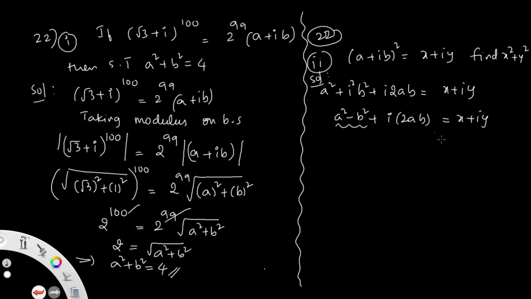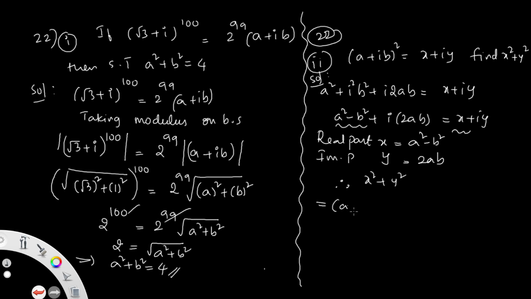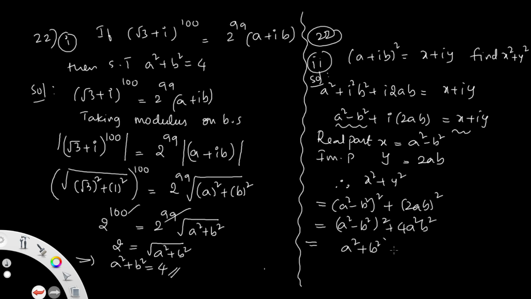The real part is x, which is a square minus b square. And y is the imaginary part, which is 2ab. The question asks for x square plus y square, which is (a square minus b square) whole square plus (2ab) whole square, that is (a square minus b square) whole square plus 4a square b square, which equals (a square plus b square) whole square.